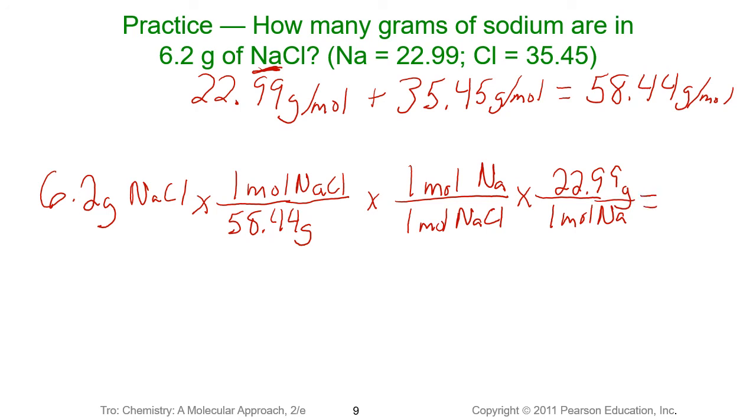So for our mass of sodium, 2.4 grams of sodium. This is about what we would expect because the mass of sodium is about 1/3 of the mass of our overall compound. So the mass of sodium would be about 1/3 of what we started with.